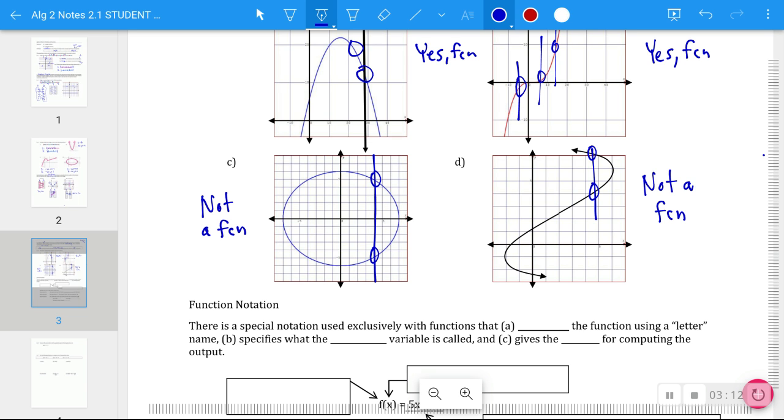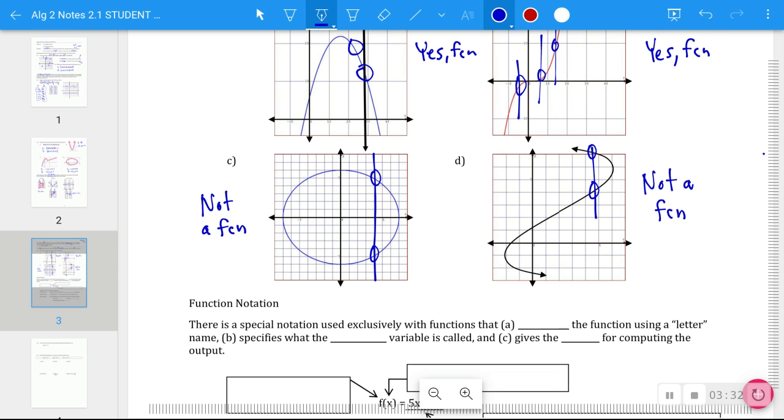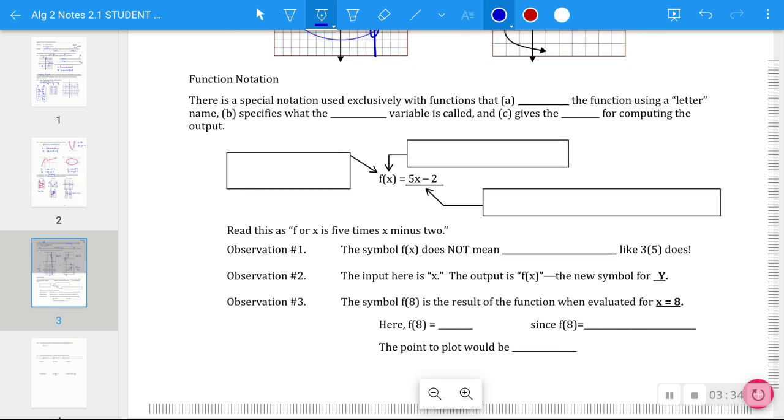Every x value can only generate one y value. So for instance, if you go 5 to the right, you can only go one value up, not two values up and down. And if you have more than one y value with an x value, you always get points that are above each other. So the vertical line test is a very effective way to tell if it's a function.